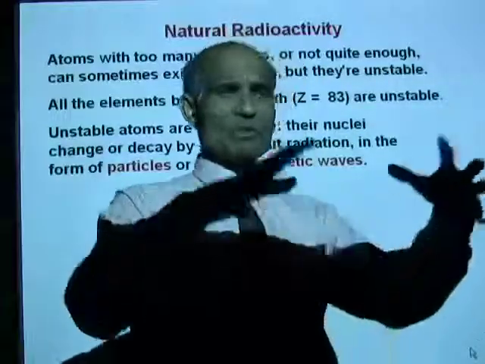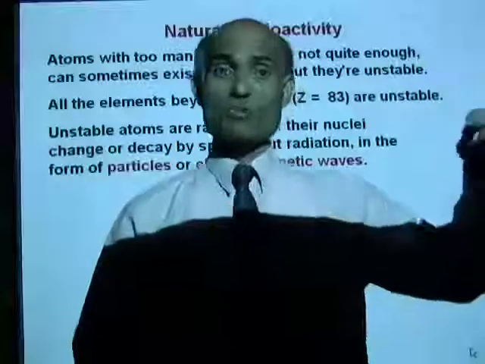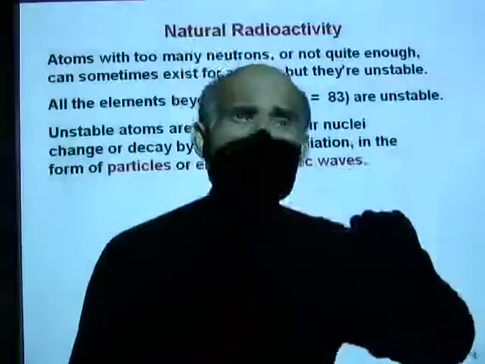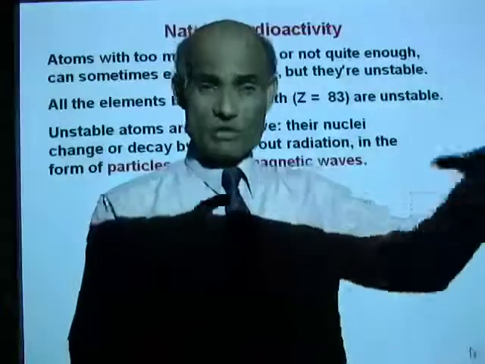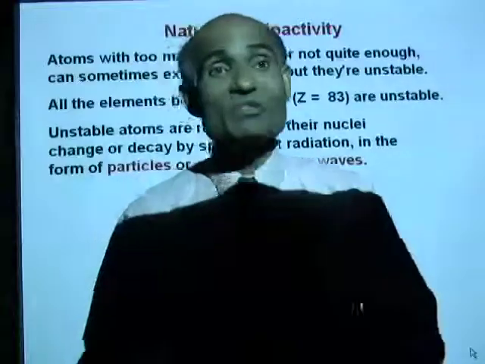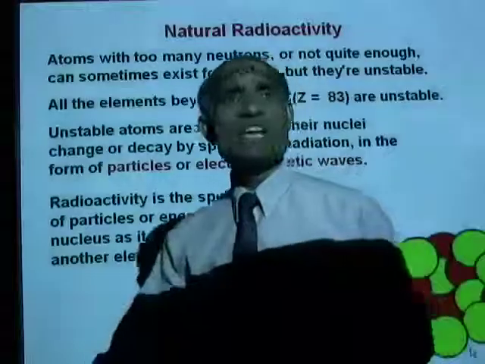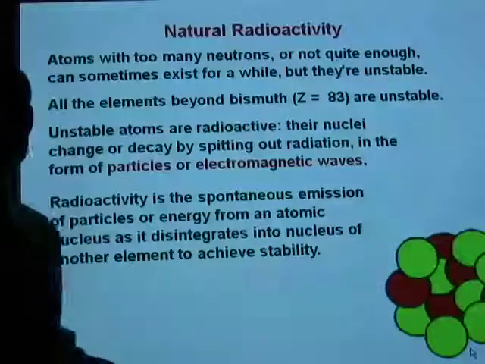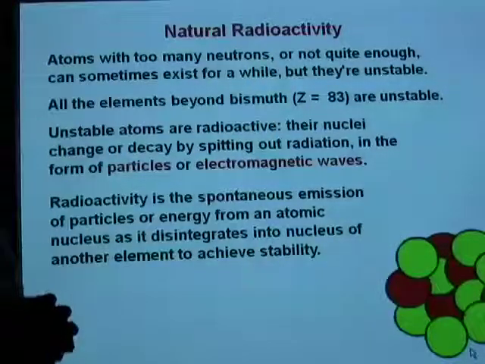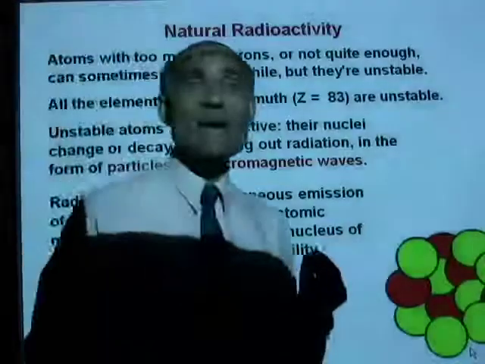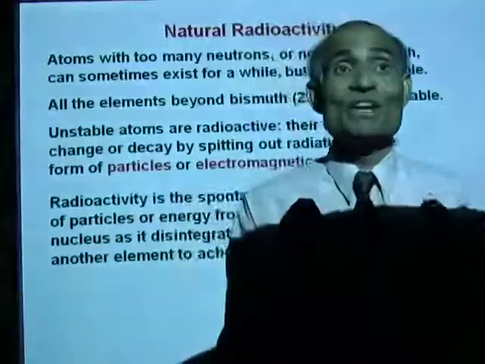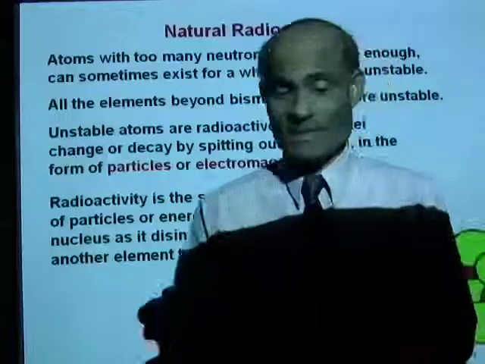Just like if you have a group of people and there are two people creating trouble there, we can chuck them out, right, to create stability within that group. Now, radioactivity is the spontaneous emission of particles or energy from an atomic nucleus in order to create stability.